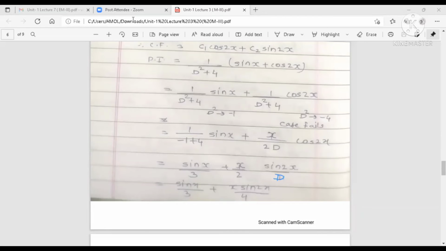So the calculator term is here sine 2x by 2. Calculator term is here. This is correct.